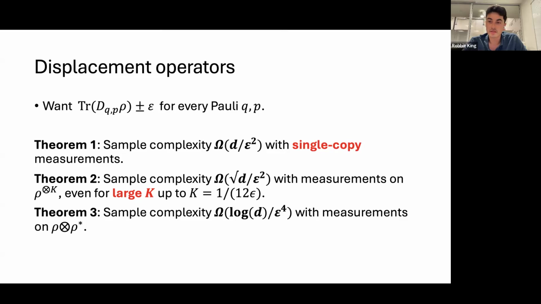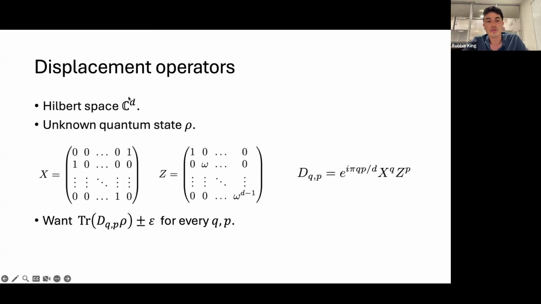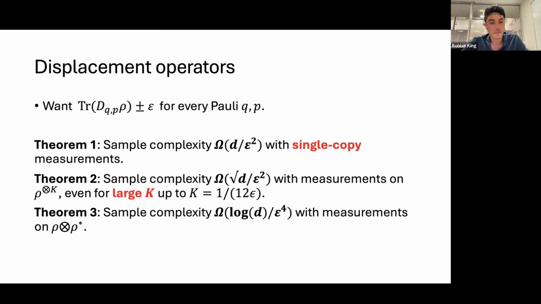So remember, D is an exponentially large thing. So think of it as too many. It's impractical if we need D copies of the state. By the way, we can encode this D-dimensional Hilbert space in log D many qubits, right? Okay, so this is not too surprising because we knew this about the Paulis already.